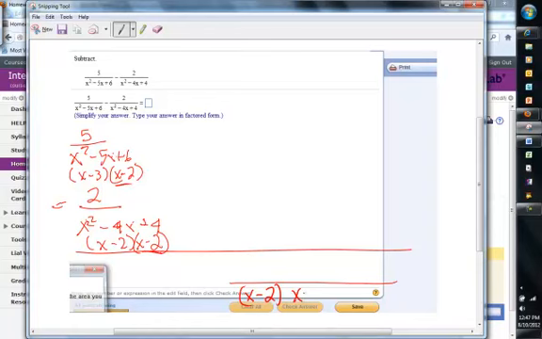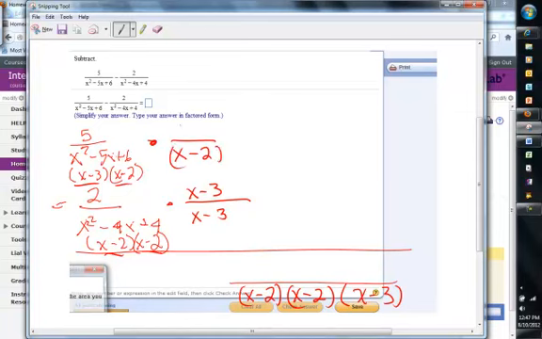We have another x minus 2 here, and we have an x minus 3 here. This is why we don't multiply them out, because we want to leave them just in case we need to factor later on. This one is missing the x minus 3 on the top and the bottom. This one is missing an extra x minus 2 on the top and the bottom.